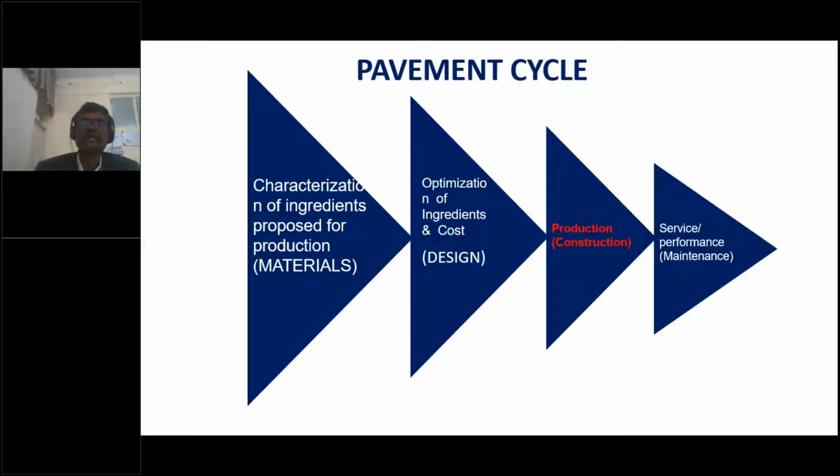The second stage in the pavement cycle is the optimization of these ingredients, the materials, and the design aspects, and finally coming out with the optimal design based on life cycle cost analysis, or based on the financial constraints.